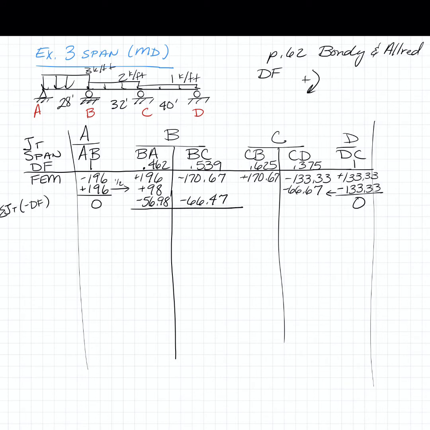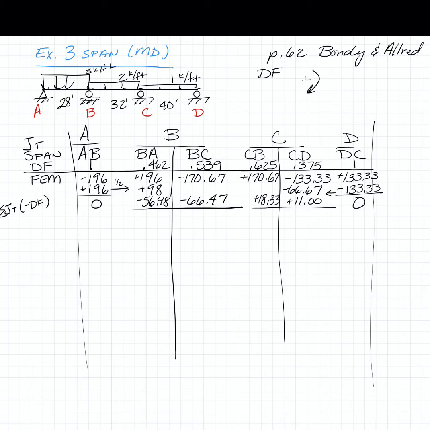I'm going to draw a line because now this joint is balanced. It means that all 5 of these numbers together should add up to 0. Do the same thing over here. Sum those 3 at joint C, and I multiply that by negative 0.625, and I get 18.33 and plus 11.00. And those should sum up to 0.